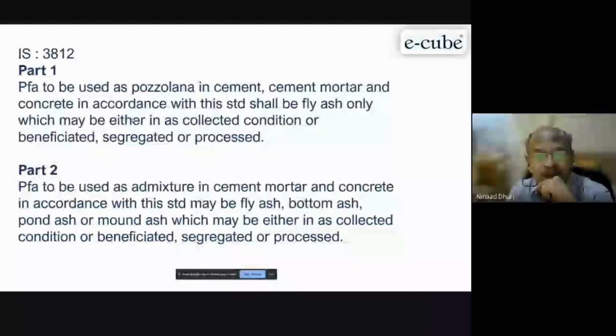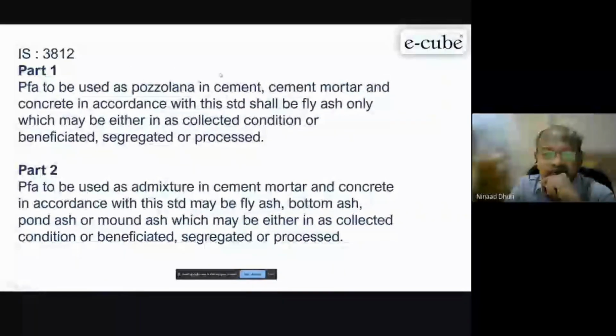The specification for this is given in IS 3812, part 1 and part 2. You can use it as a pozzolana to take the reaction of that and get the benefit of that particular material.